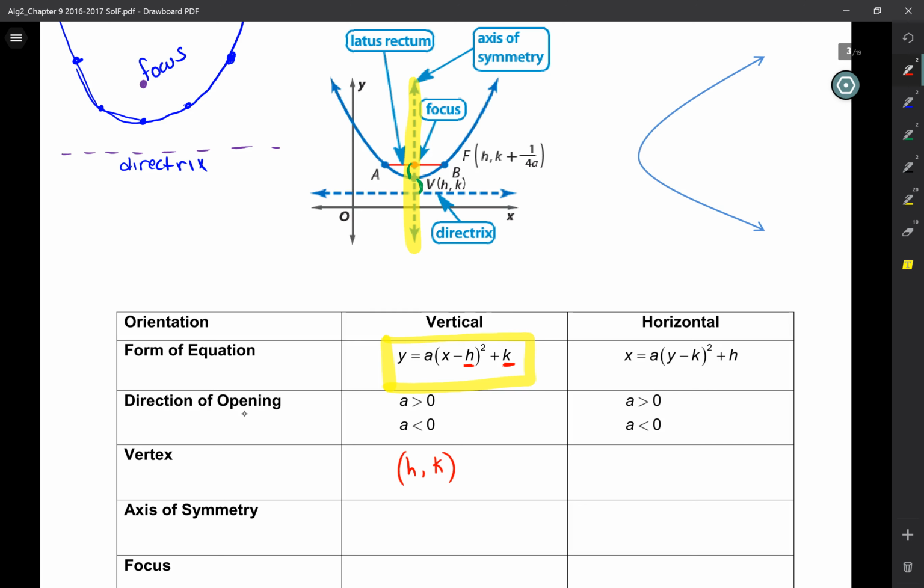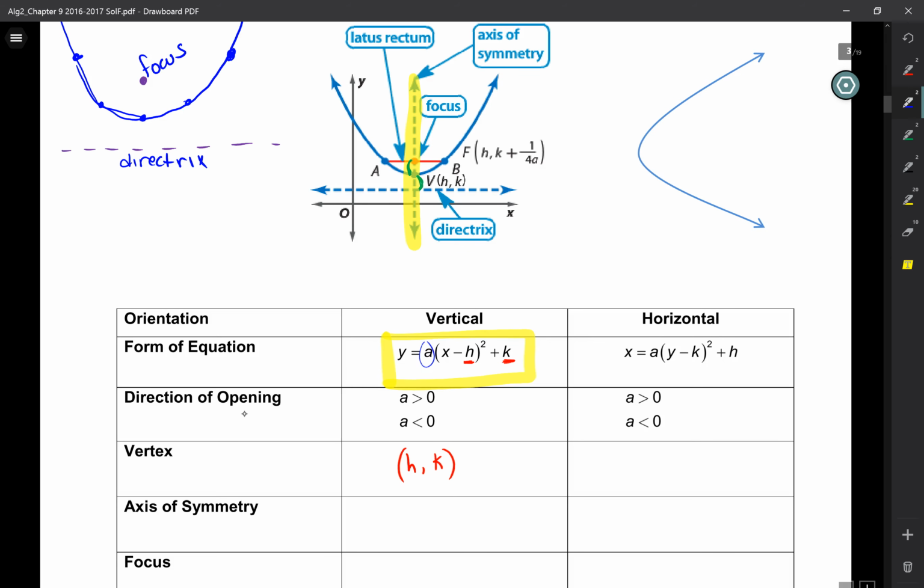All right? Now, what does this variable a represent? Do you remember what a did? So what is the difference? Okay, so suppose I had y equals 3x squared, or if I had y equals half x squared. If this number, like the 3, is greater than 1, I have a narrow parabola. If it's less than 1, it's a wider parabola.